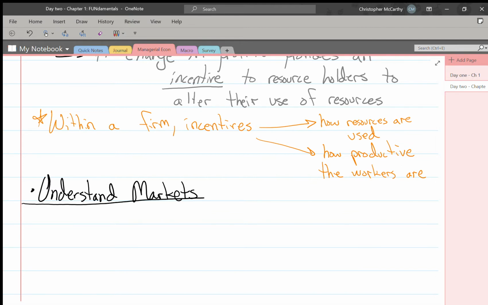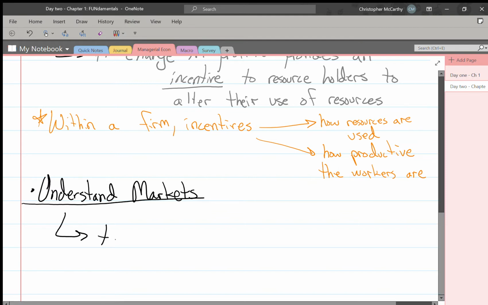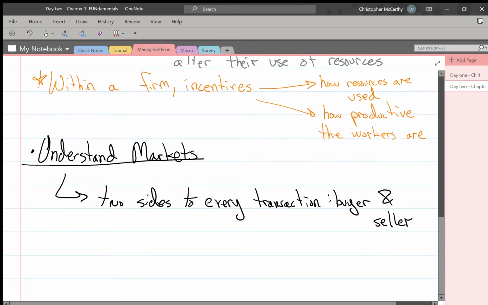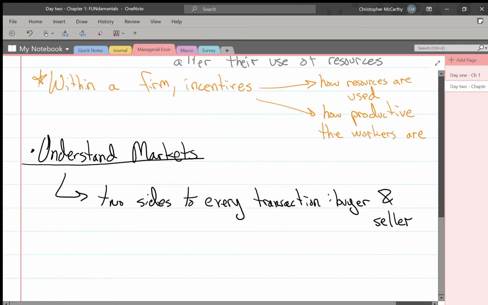So it's important for us to understand in these markets that there are two sides to every transaction. There's a buyer and a seller. And there are three different types of rivalries.